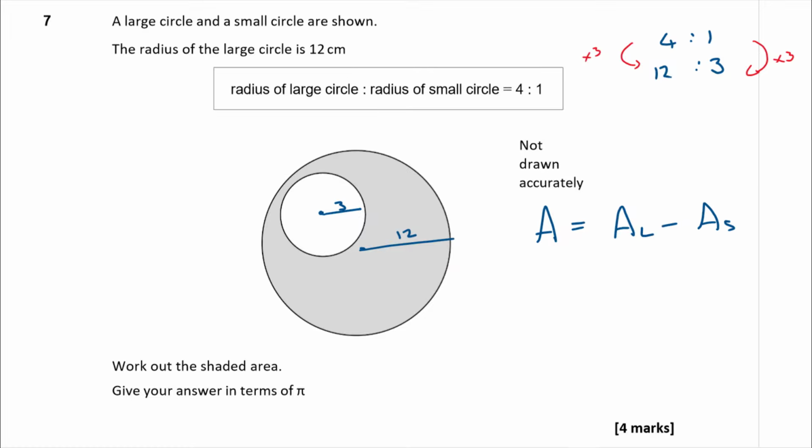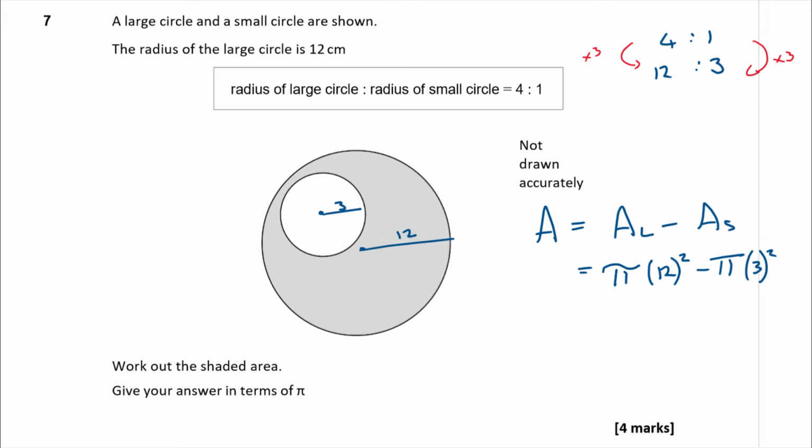Now the area of the large circle is just simply pi r squared, where r is equal to 12. So it's going to be pi lots of 12 squared, and then we're going to be minusing pi r squared for the smaller circle, which is going to be pi times 3 squared.